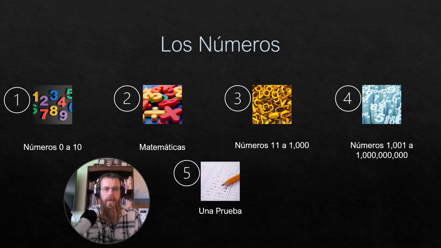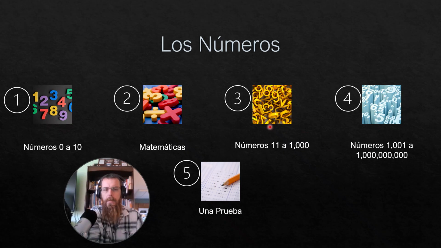In the first video, I went over all these lessons. I went over numbers 0 through 10, math terminology, at least basic math, not anything advanced, not like trigonometry or anything like that. But I went over numbers 11 through 1000, not all of them obviously, because that would take forever, but just the main ones and how to create numbers.